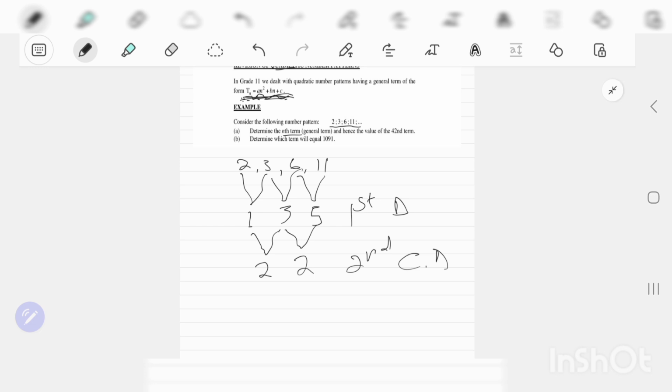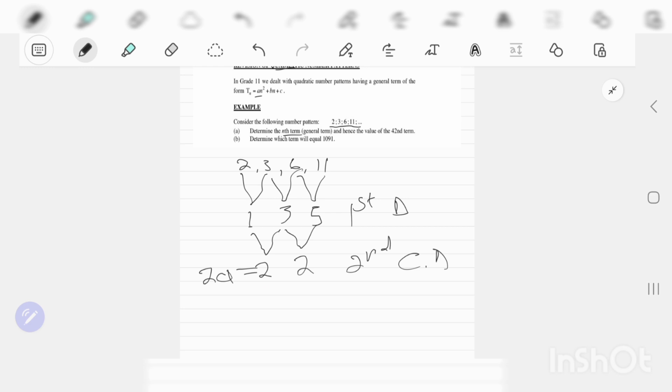To find the value A, people, this is what you do. You take the value of the constant difference, and you equate it to 2A, because it's constant, maybe it's 2 in this case, or 3, or 5.